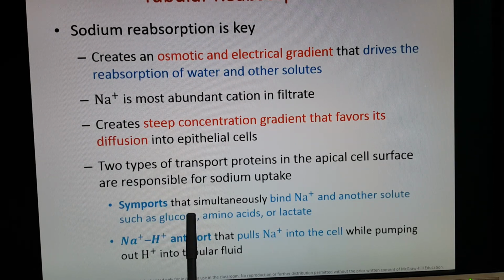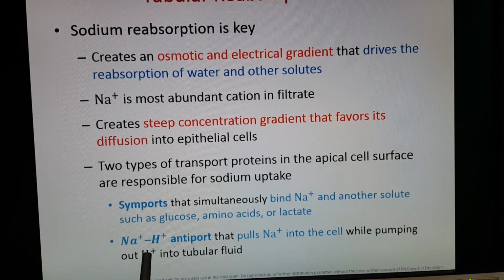So the symport's going in the same direction, bringing sodium and glucose with it, or sodium and an amino acid, or sodium and lactate, bringing it from the tubular fluid and back into the capillaries using that sodium gradient that was set up.